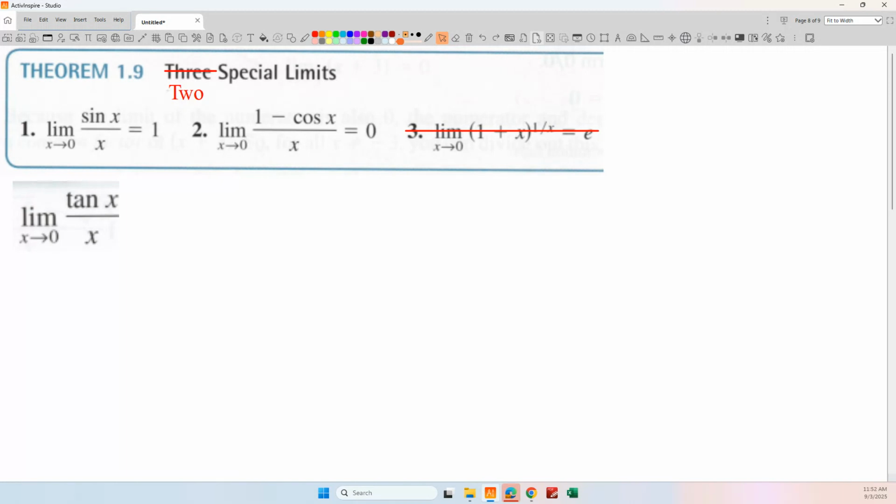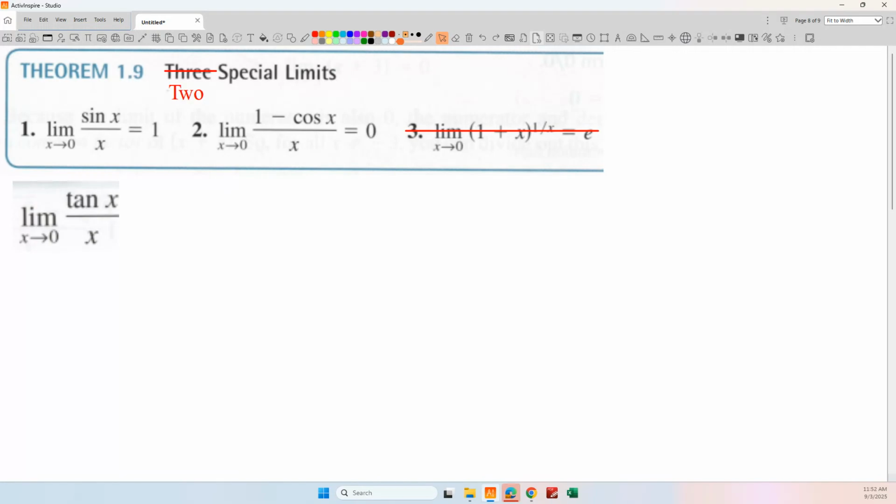That's the game. Given that our special trig limits involve sines and cosines, what should your strategy be when you involve a composite trig function, like tangent or cotangent or secant or cosecant? Write it in terms of the basic trig functions, sine and cosine, right?